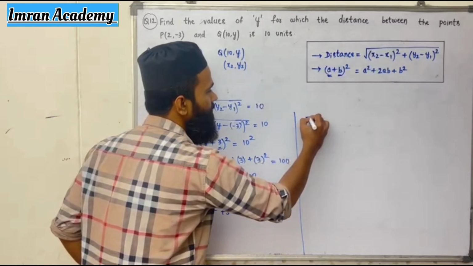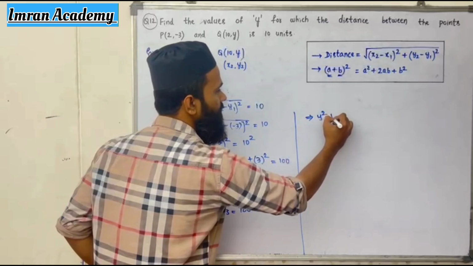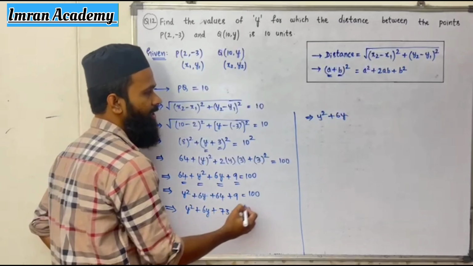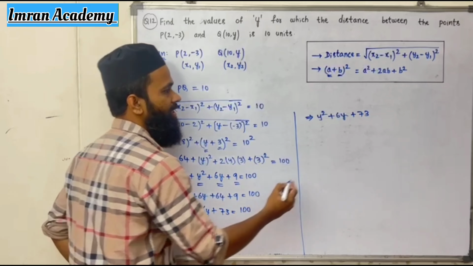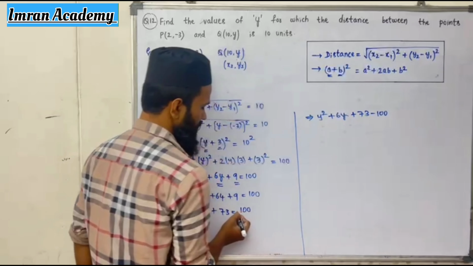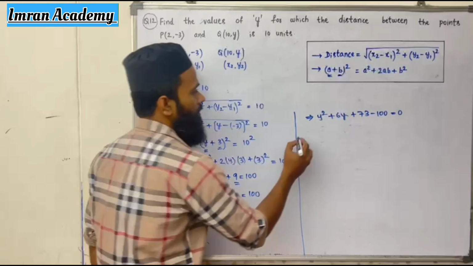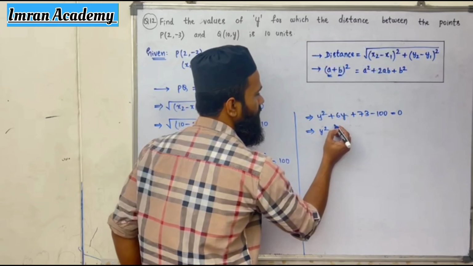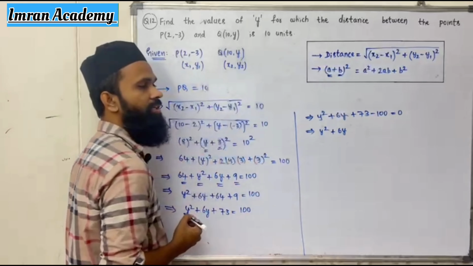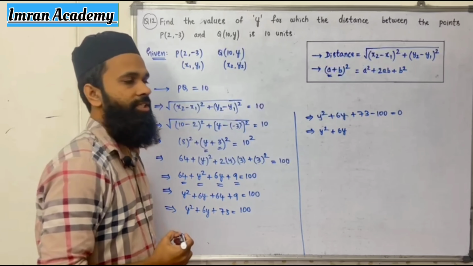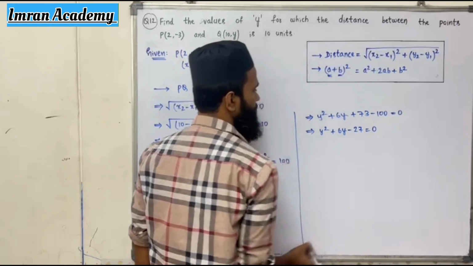That implies y square plus 6y plus 73 plus 100, this side becomes minus 100, is equal to 0. That implies y square plus 6y plus 73 minus 100 is minus 27. Minus 27 is equal to 0.